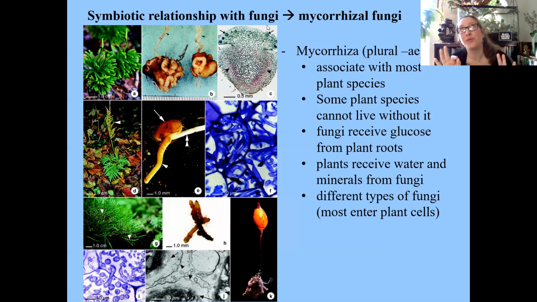Just know that some species can't live without this symbiotic relationship, and that the things that get transferred are: the fungi receive sugars from the plant roots, or glucose or carbon, all the same thing. And the plants receive water and minerals from the fungi, including the gametophyte plants.